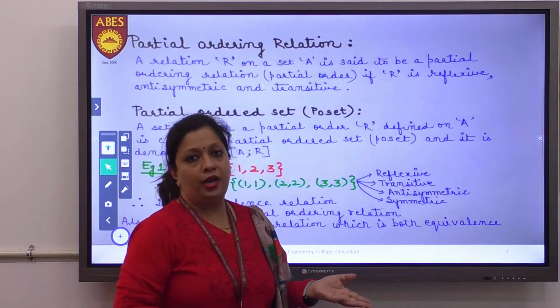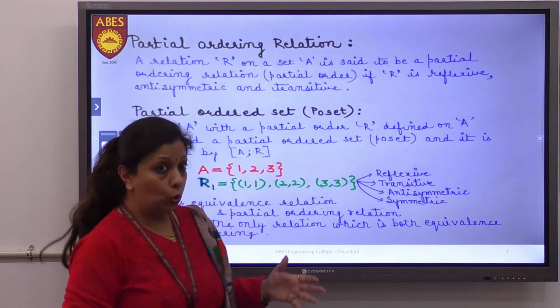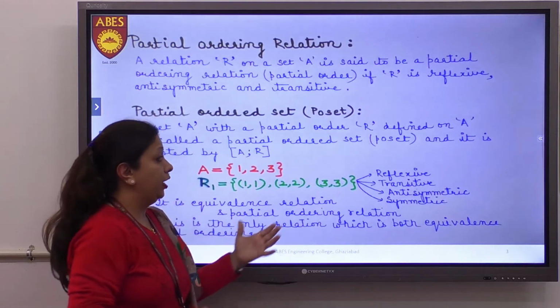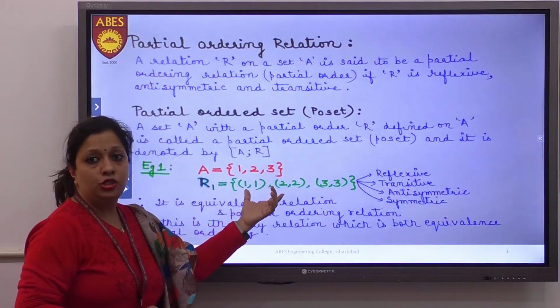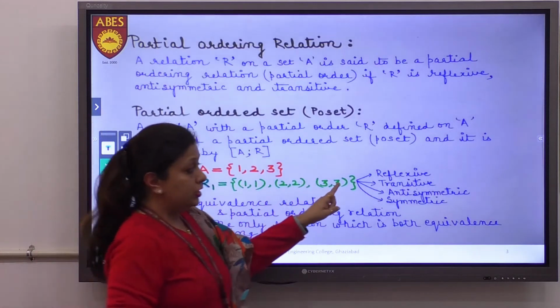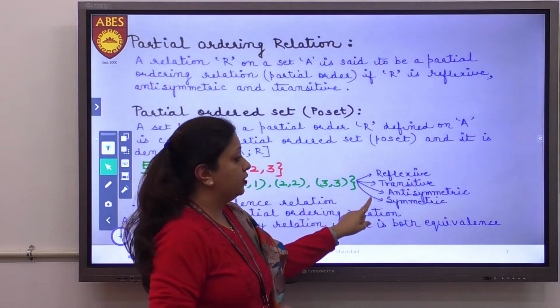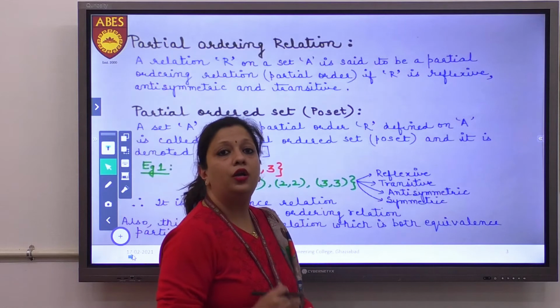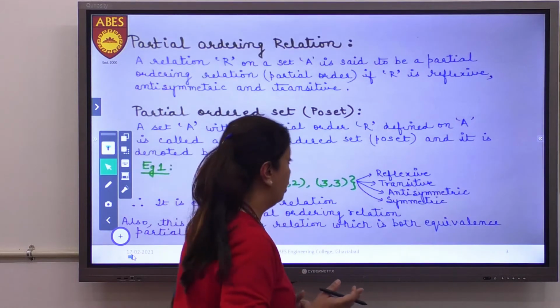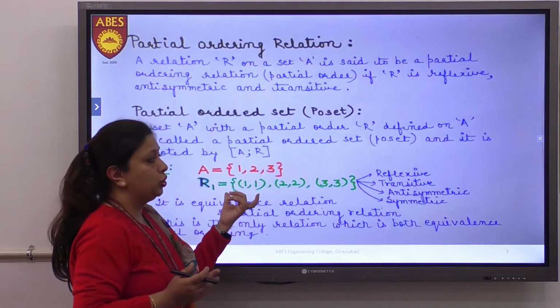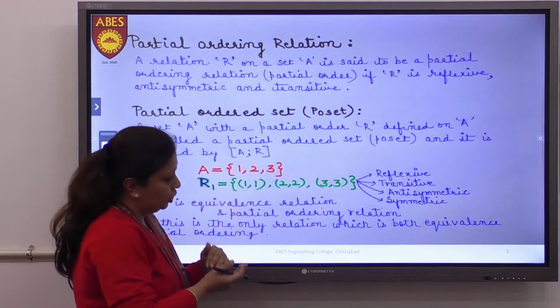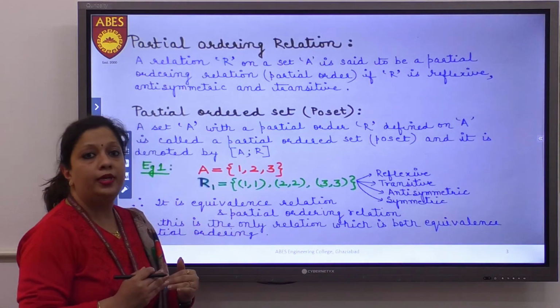If there is no pair like (a,b), then it's okay and the relation is symmetric. Therefore, we can say that this relation is even symmetric. So since it has the properties, that is reflexive, symmetric and transitive, we can call it an equivalence relation. So this is a relation which we can call a partial ordering as well as an equivalence relation.